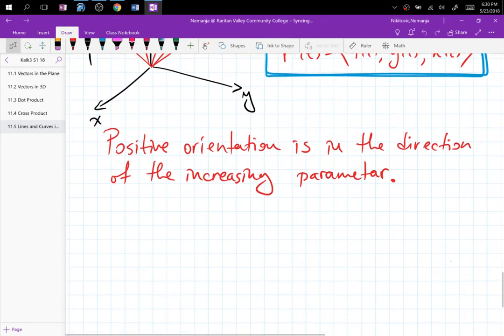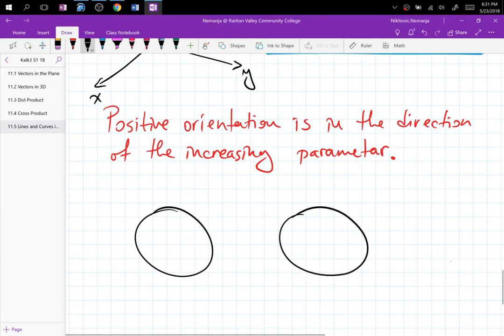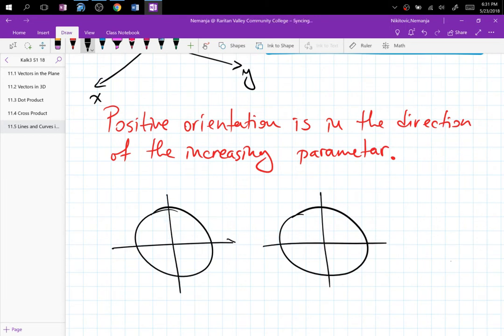Now, I am going to draw those 2 circles, to make sure that you guys understand. Absolutely the same situation. Let's say these are both circles of radius 4.